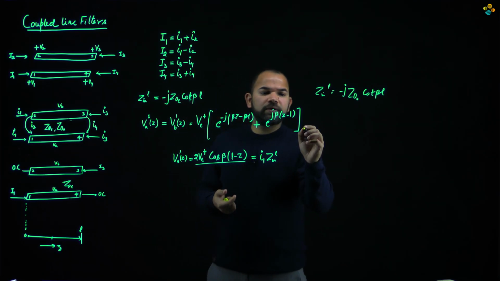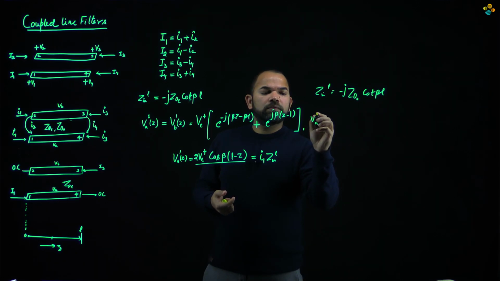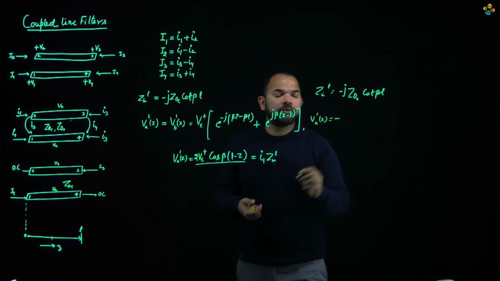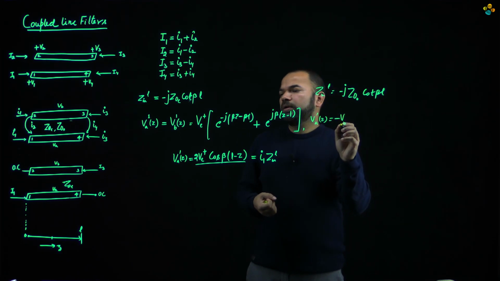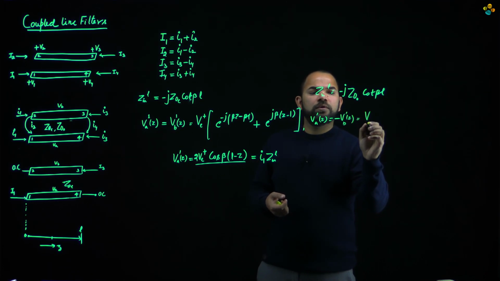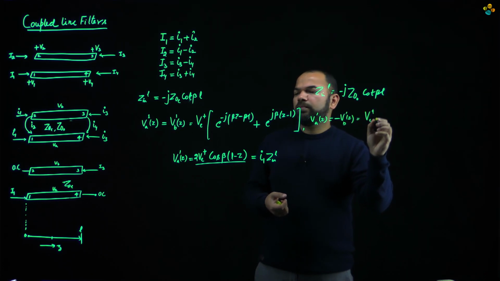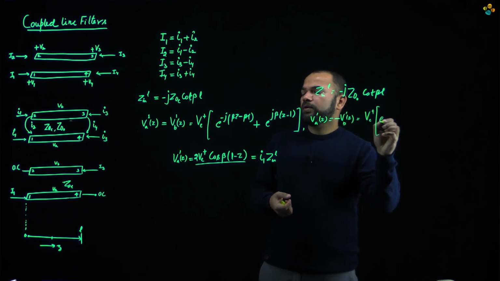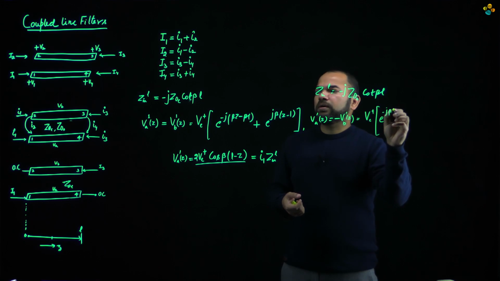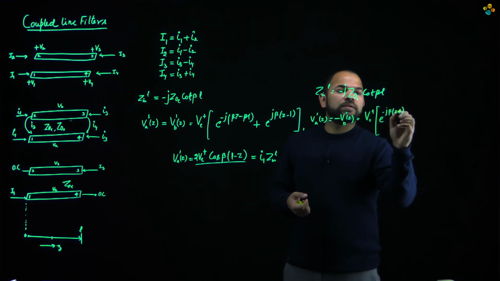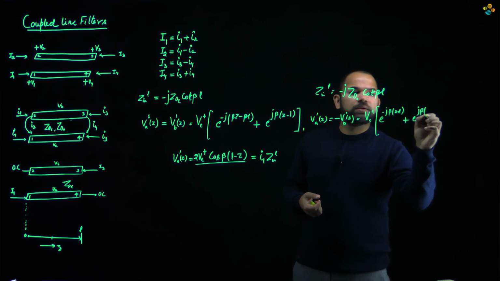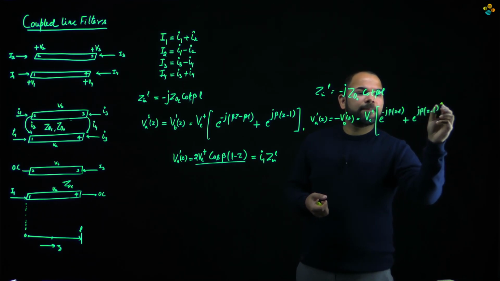This VA(z) is going to be opposite to VB(z), and this is going to be equal to V e to the power minus j beta (z minus L) plus e to the power j beta (z minus L).